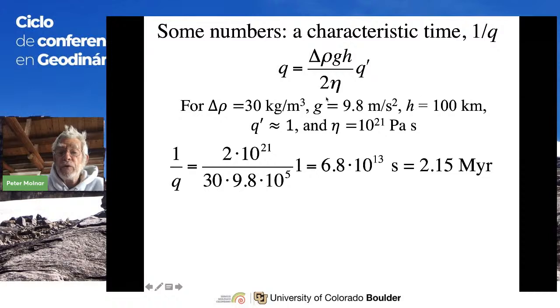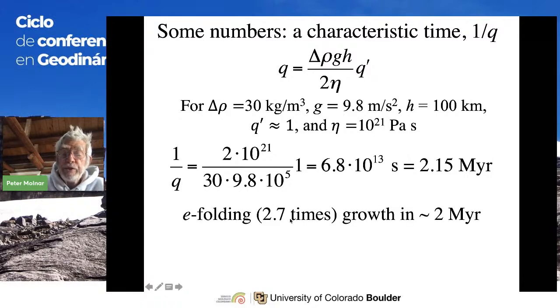If you put all of those numbers in and write this as 1 over Q, so 30 is the density difference, 9.8 is gravity, 10 to the 5th is 100 kilometers, and so forth, you get 1 over Q as 2.15 million years. That means the growth would be a factor of e, 2.7 times, in about 2 million years.